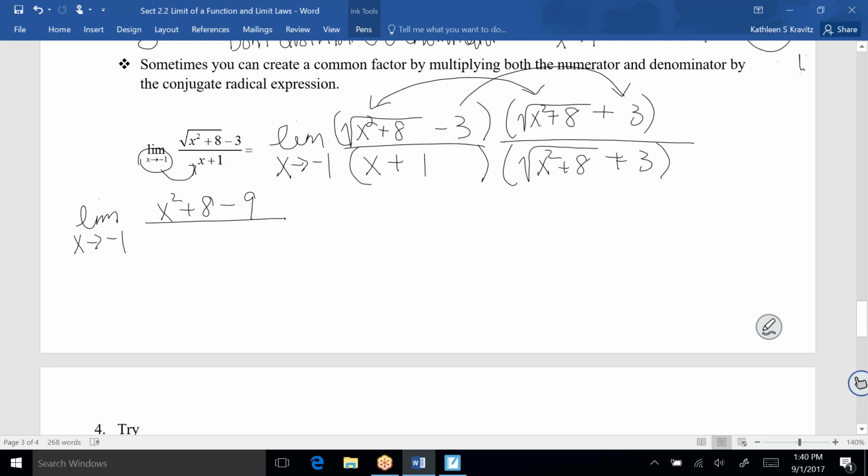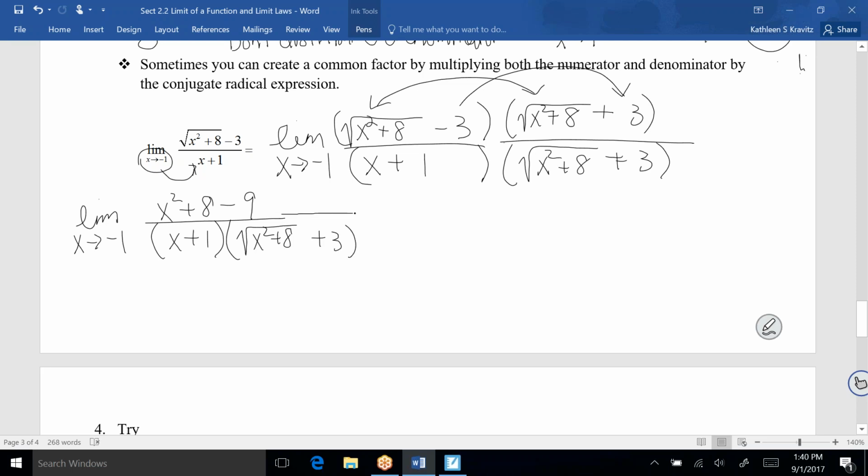And then again, just like the last problem, we're not going to FOIL that denominator because we're looking for common factors. And if we would FOIL it, it's just going to make it look a lot messier. And we're looking for a common factor to cancel anyway. So we're going to leave the denominator factored. So it's already factored like this, x plus 1 times square root of x squared plus 8 plus 3.